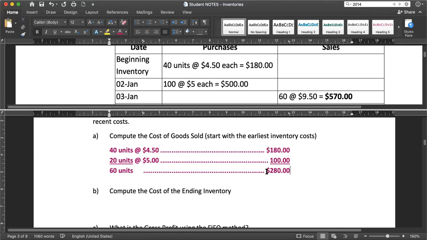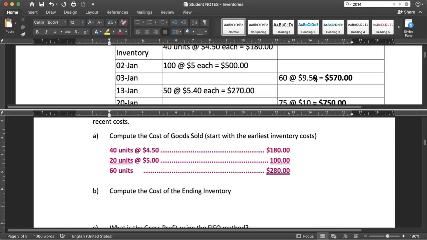So therefore, when we record the sale, $570, and the cost of goods sold is $280. What is the cost of the ending... Oh, wait, I'm not finished yet. Excuse me, let me go back here.